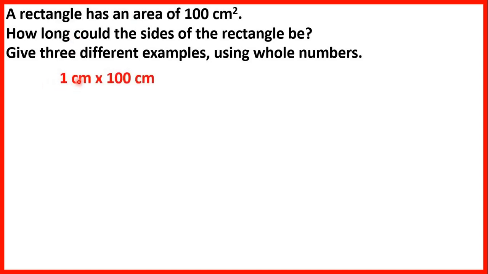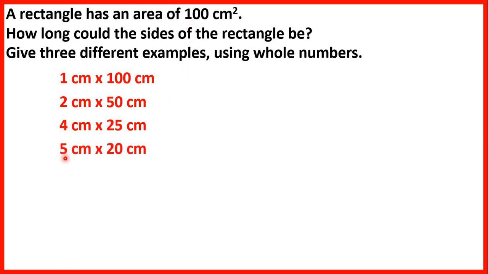So if we had a rectangle with a width of 1 centimetre and a length of 100 centimetres, the area would be 100 centimetres squared, because 1 times 100 is 100. We could also have 2 centimetres as our width and 50 centimetres as our length, because 2 times 50 is 100. Or we could have 4 centimetres and 25 centimetres, because 4 times 25 is 100.